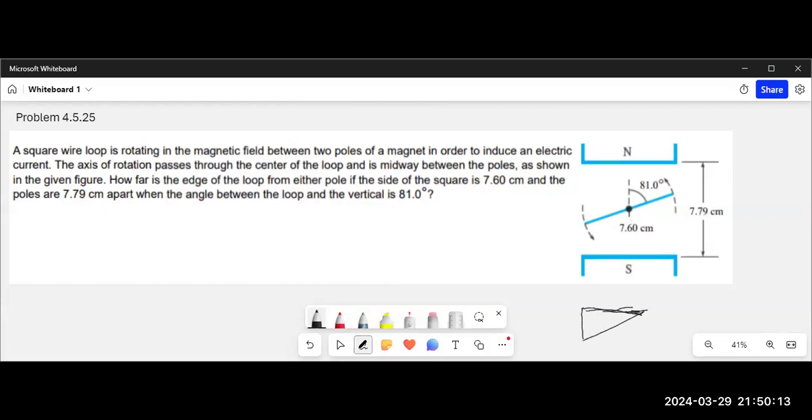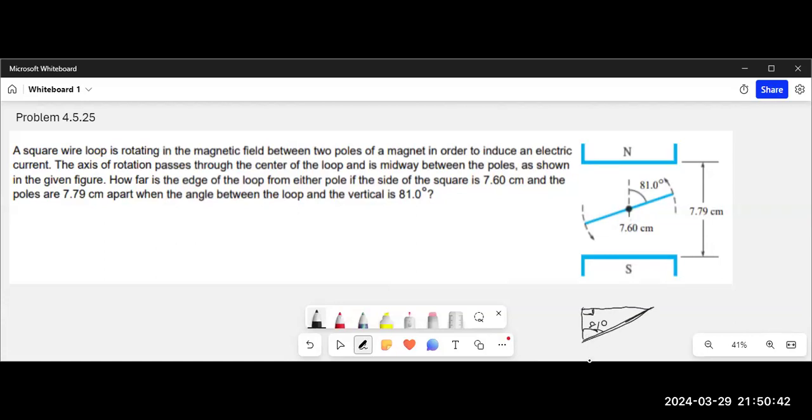So this angle right here is the given angle of 81 degrees. This is the right triangle, and the hypotenuse is going to be half of the length of the wire.